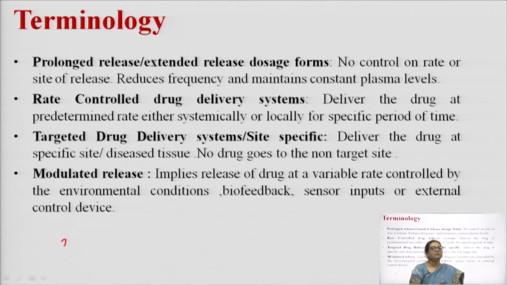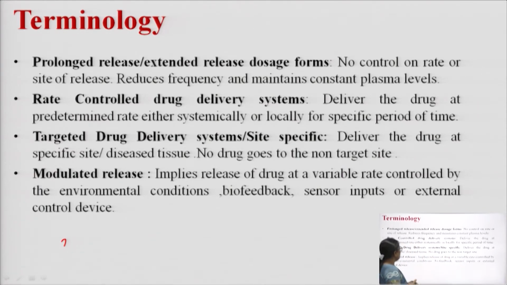As inherent in the terminology itself, these are the systems which deliver the drug at a predetermined rate, either systemically or locally for specific period of time. So, basically it is in these systems that the rate of drug release is controlled. They will release the drug at definite rate and time and at a particular time.